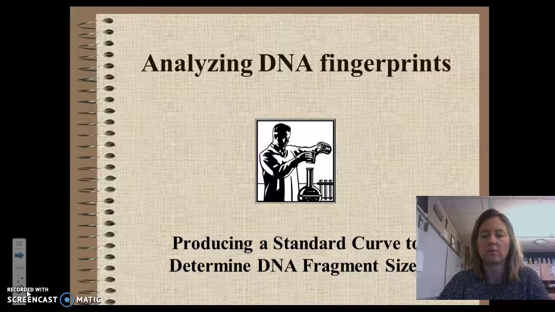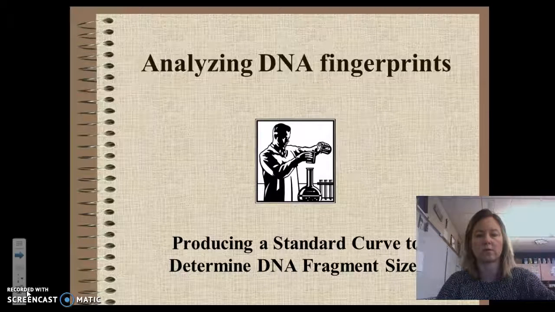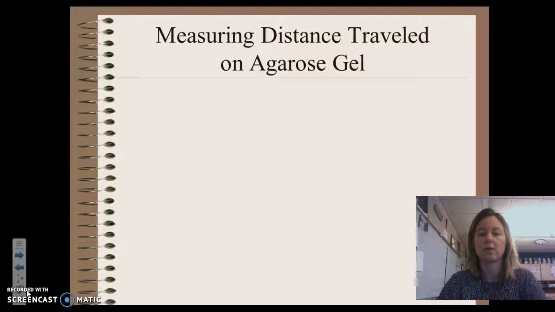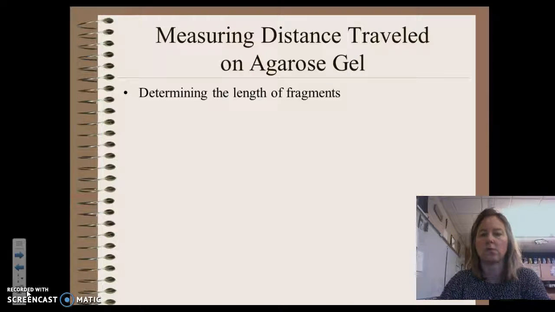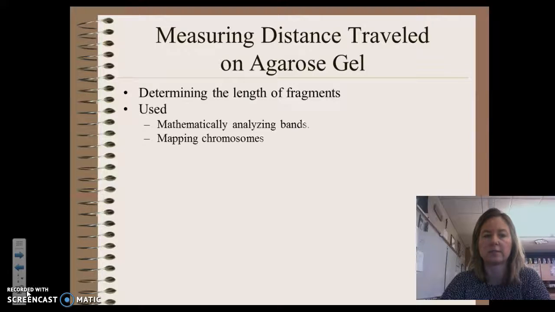And so now what we're going to do is analyze the DNA fingerprint so that we have some workable data. All right, so what do we do? Well, we're going to determine the lengths of the fragments, and we're going to do this based on measuring the distance the DNA traveled through the gels. We also are going to plot that onto something called a semi-log graph, and then from there we should be able to estimate the size of the DNA fragments.